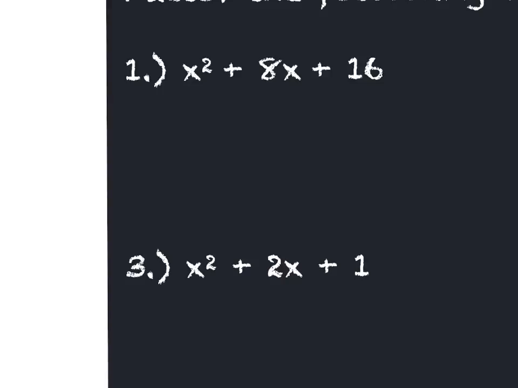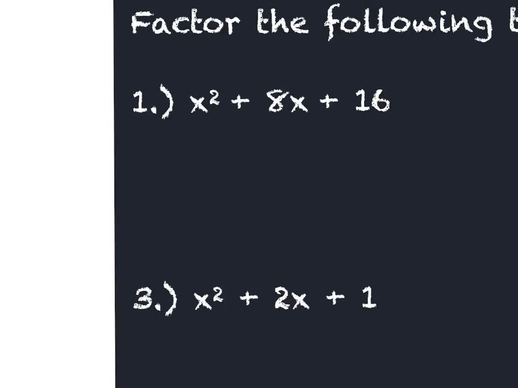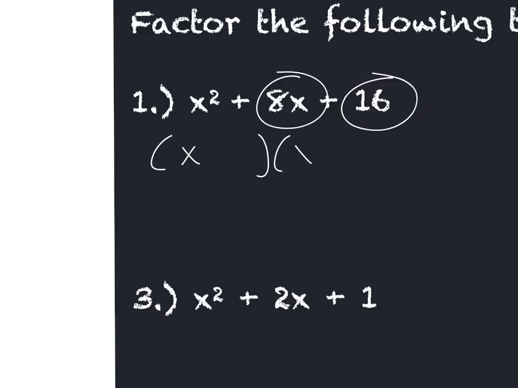So if you remember how to factor trinomials, the way you would factor x squared plus 8x plus 16 would be to find two numbers that multiply to give you 16 and add to give you 8. Hopefully you are very good at factoring by now, and you know that that would be 4 and 4. 4 times 4 is 16, and 4 plus 4 is 8.